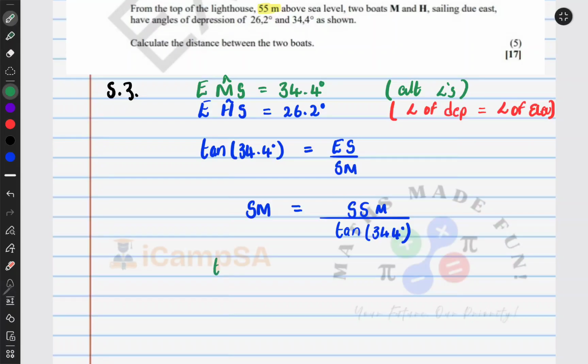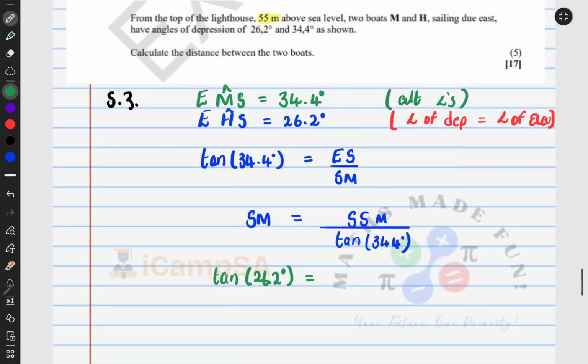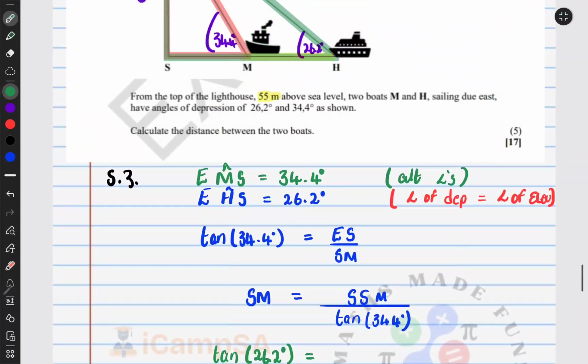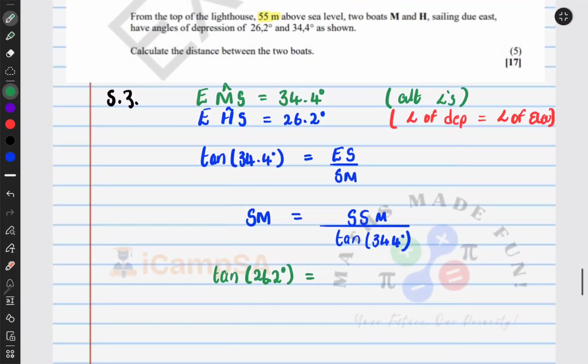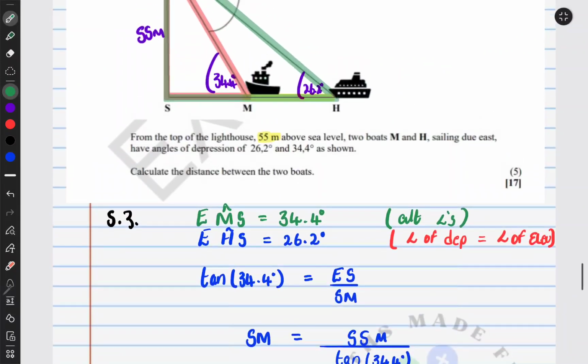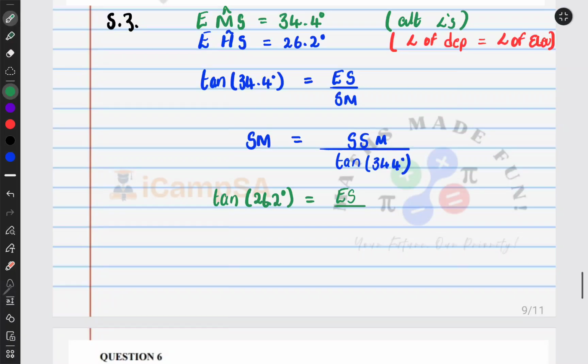So we say tan 26.2 degrees is equal to opposite, which is the side ES, here it is 55, over the adjacent side, which is SH. We make SH the subject.